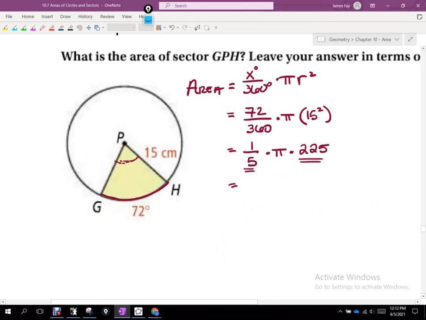So basically I'm asking you 225 divided by 5. How many times does 5 go into 100? 20, right? So it's going to go into 225 45 times. That makes sense? And then I get pi. So 45 pi.